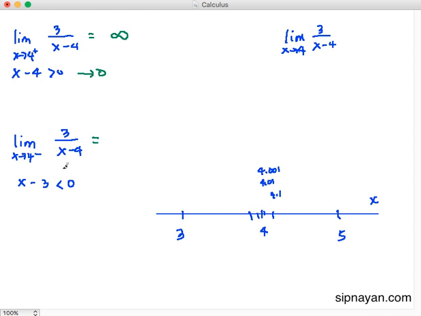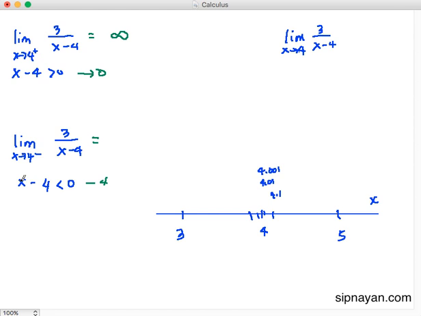Kaso, negative siya kasi mas malaki yung 4 doon sa x kasi 3.9 siya magsimula, 3.99 tapos 3.999. So, mas malaki pa rin ang 4. So, this is negative. And still, since x approaches 4, x minus 4 therefore approaches 0.